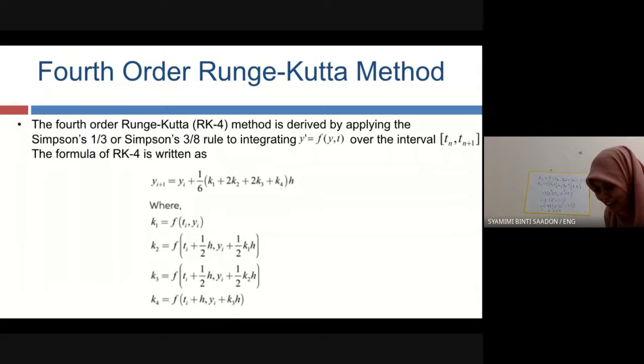Now we calculate k3. For k3, the function t_n or t0 here for our first step, t0 plus 1/2 h, is the same, so we have 0.25 again for t.